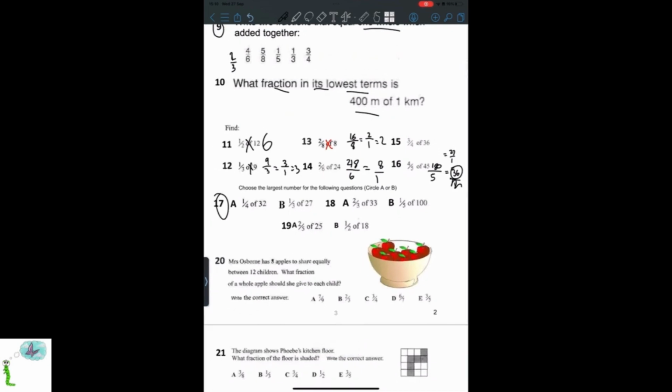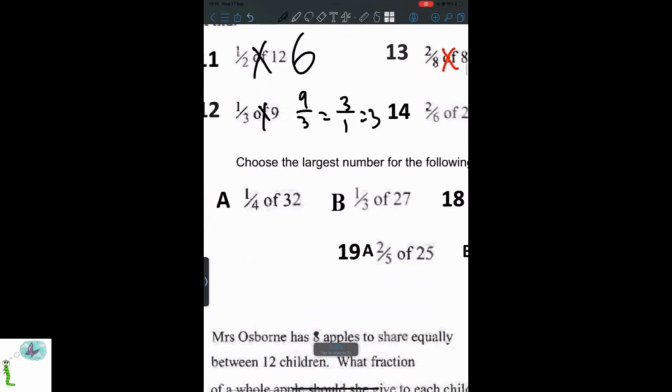Which number is the biggest? Again, we have to make these into whole numbers so we can actually understand. What's a quarter of 32? Well, just divide it in half, and then divide that in half again, and you're going to get 8. What's a third of 27? Well, just think about what goes into 27 3 times.